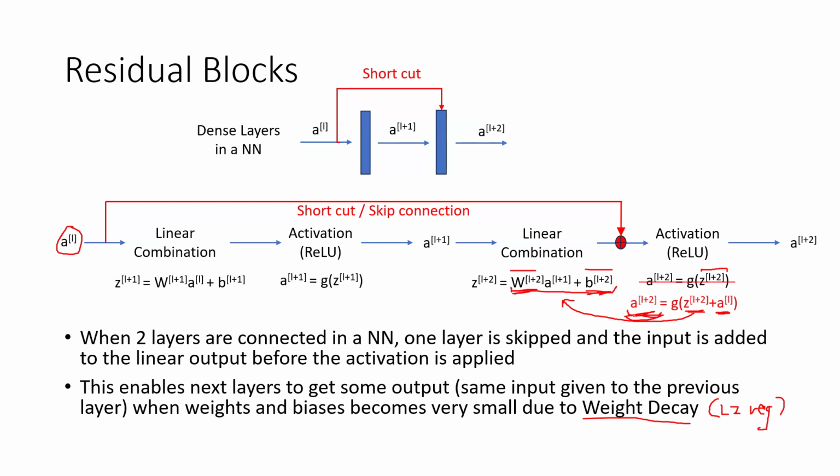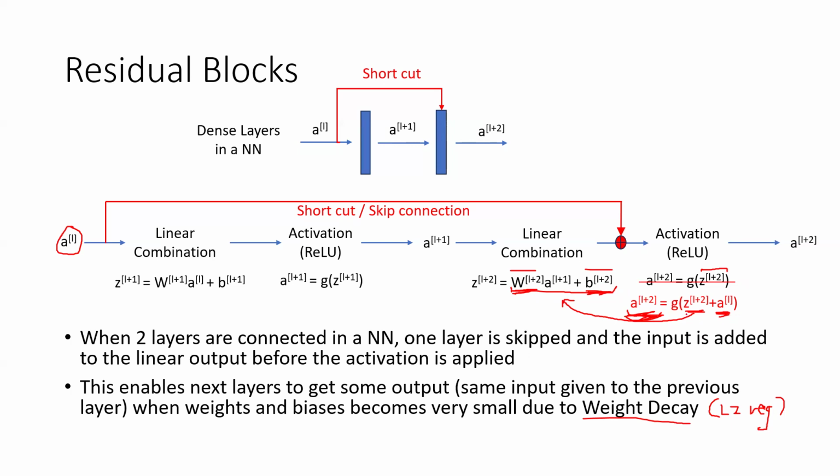So then you can't learn it, right? But when these two are getting 0, we still have AL. We can pass the same AL to this AL plus 2, and we can continue the neural network operations into more depth.